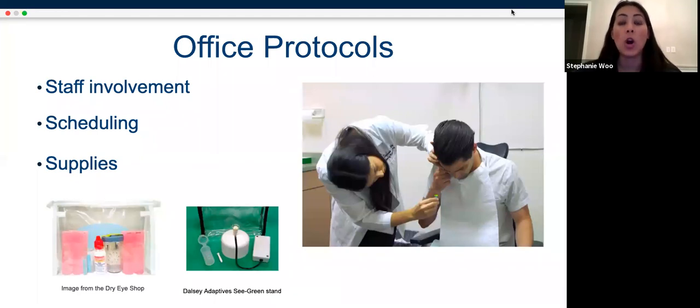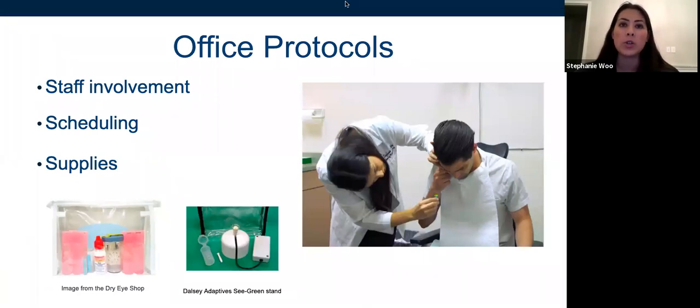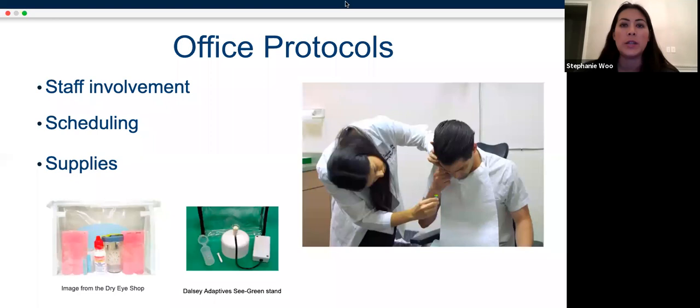So when a patient calls and says, I have keratoconus, can you help me? The worst thing that can happen is the staff member saying, I'm not sure, how do you spell that? Let me try to find out for you. That's terrible. So we wanted to make sure everybody was on the same page in the beginning.